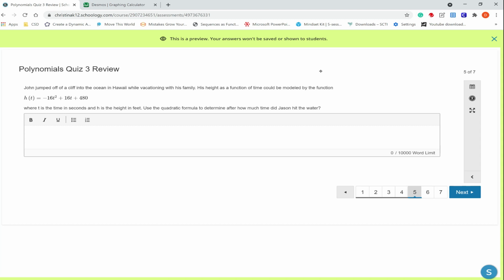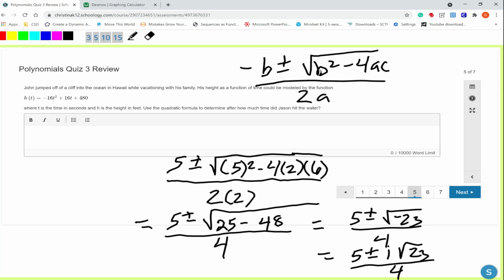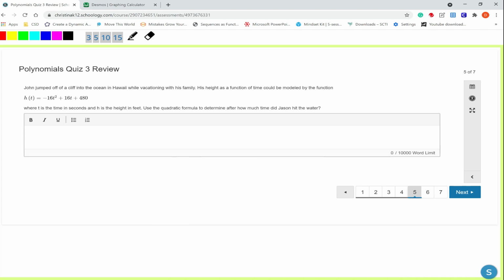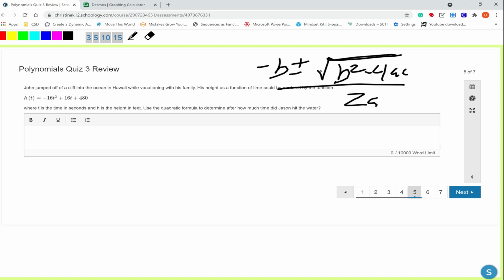So let's show our work. Let's see where's your work from last time. So we have negative b plus or minus square root b squared minus 4ac, all over 2a. So b is going to be 16.